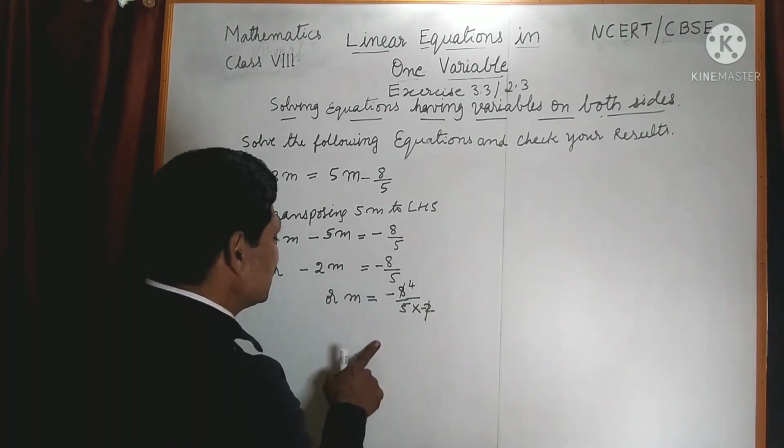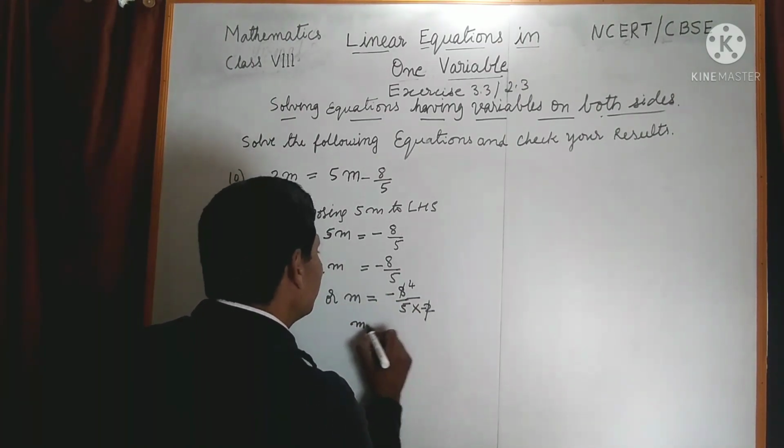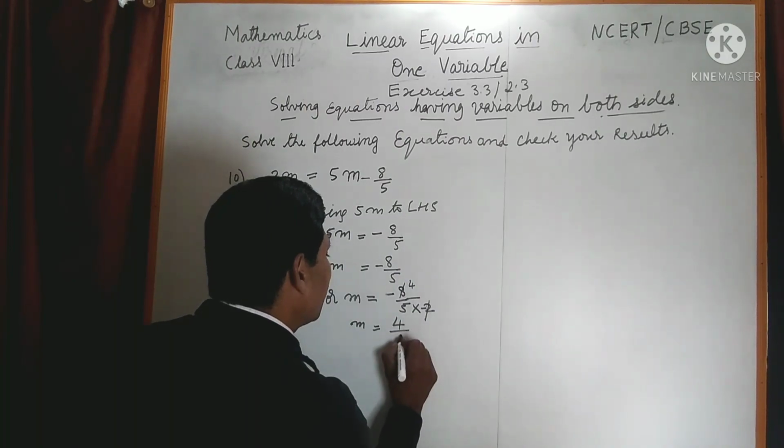Minus divided by minus is plus. So that m is equal to 4 by 5.